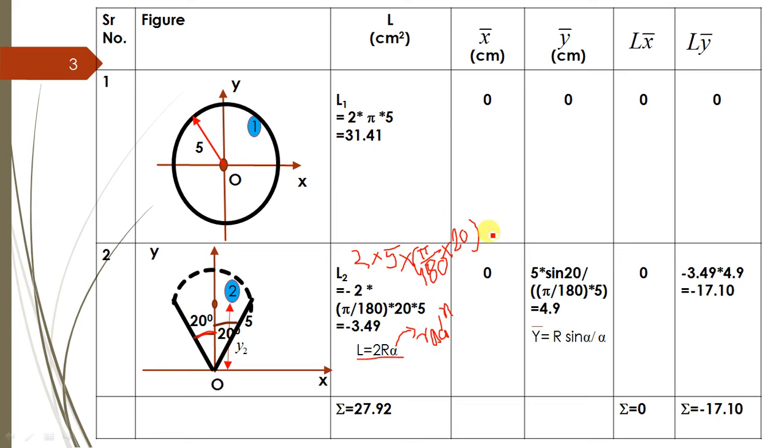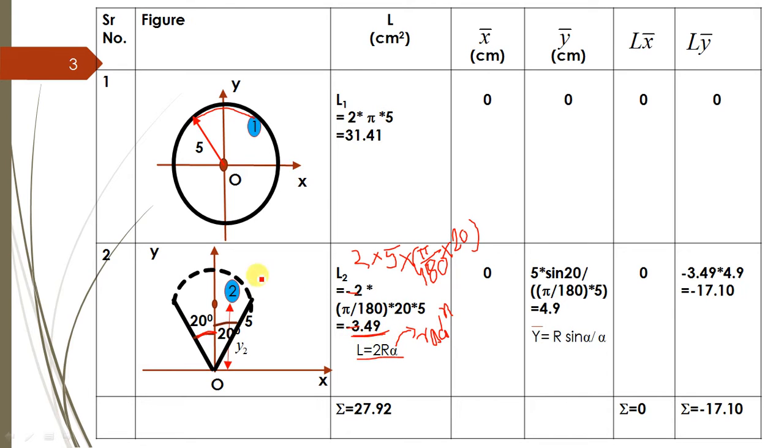If you solve this equation, you will get the value L2, and I have shown it with a negative sign. Why is it negative? Because we have to deduct this portion from this segmental arc. Therefore it is minus. So your answer is minus 3.49.